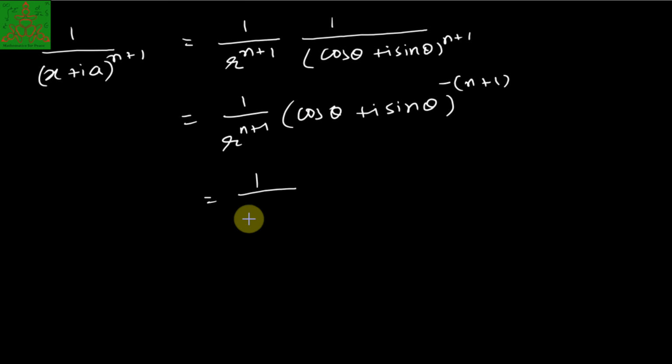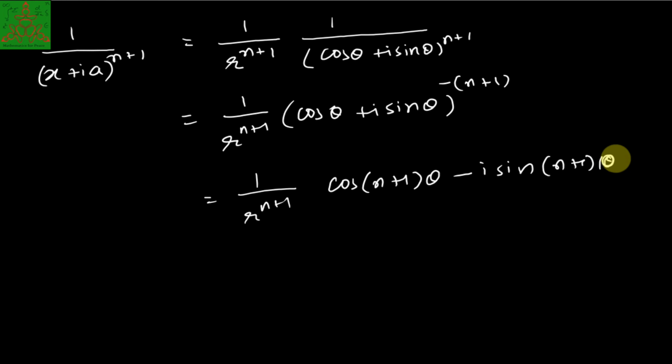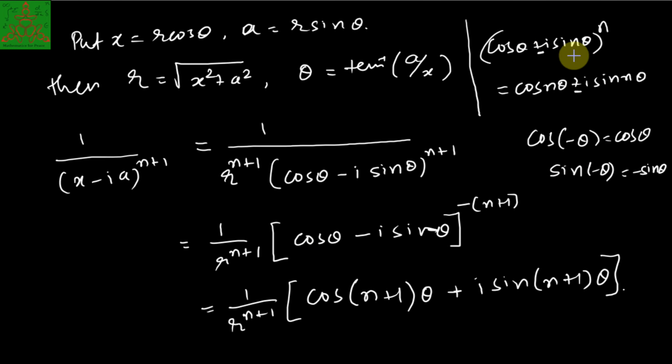So this is 1 upon r power n plus 1 times cos n plus 1 theta minus i sin n plus 1 theta, due to De Moivre's theorem and using cos as an even function and sine as an odd function.